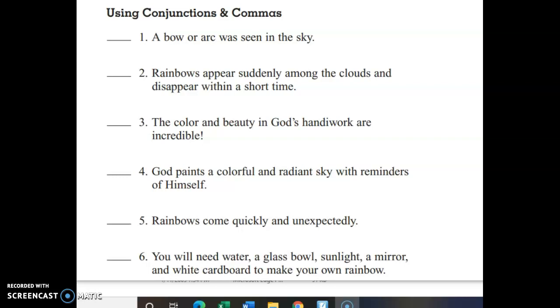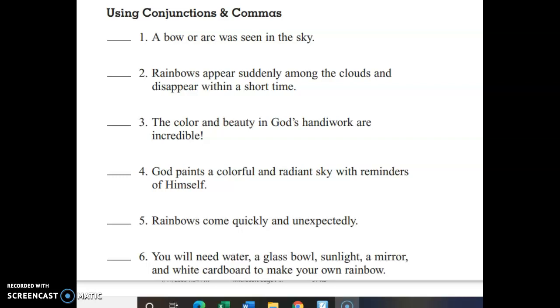Notice here that but is not used as a coordinating conjunction to join two subjects or two verbs. The example they give you is raindrops bend sunlight and divide it. So you have bend and divide being your verbs in that sentence.